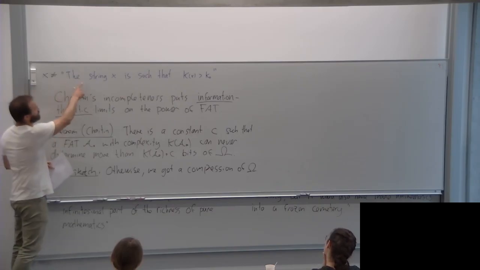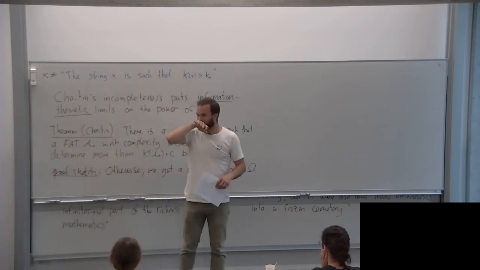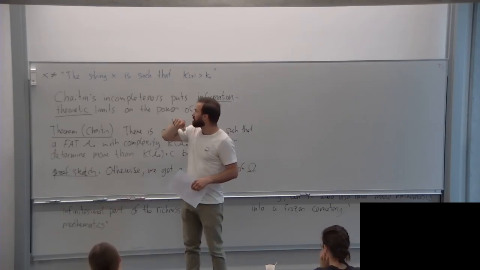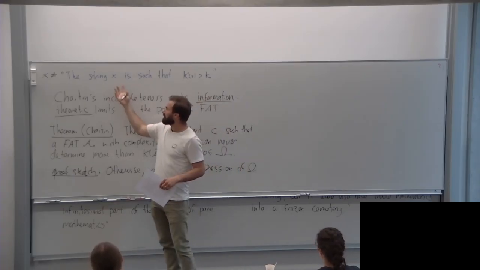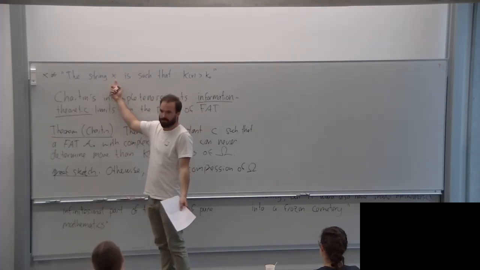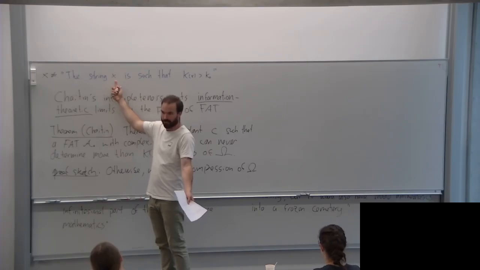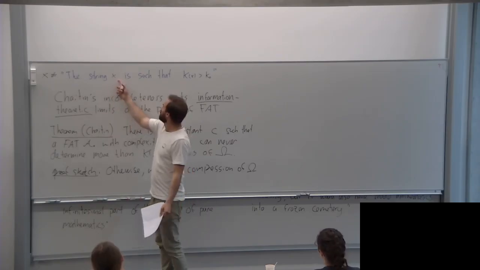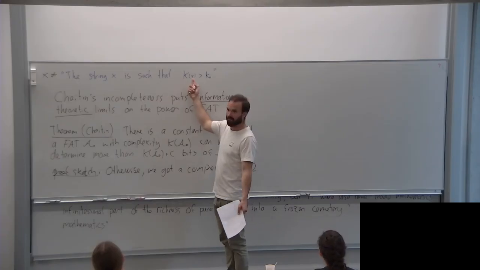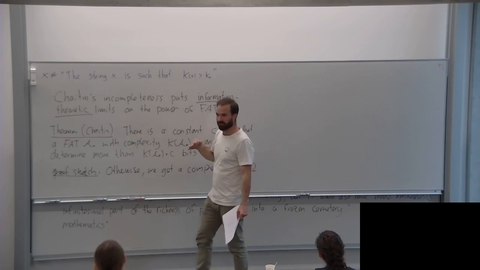It's not referring to that very string of symbols that I'm writing here. It's a reference to some other string x. In a given instance of that statement, x would be a fixed string, like the string 111001111, which has to be long enough to work, is such that K of whatever I just said is larger than that. It's a typical mathematical statement.